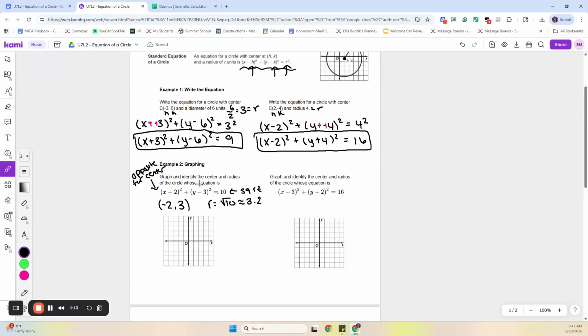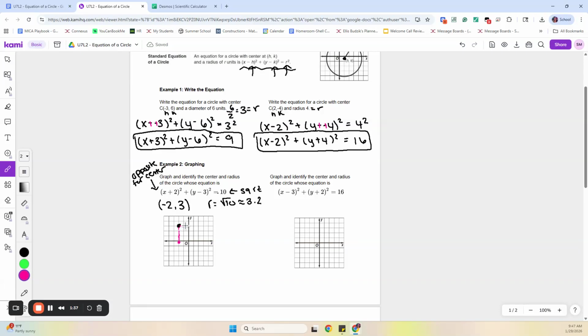So let's go ahead and graph. My center is -2, 3. So go over -2, up 1, 2, 3. And then my radius is 3.2. So that means I'm going to go 3.2 in each direction. So I'm going to go like 1, 2, 3, and just a little bit. So I'm going to make the dot a little bit lower. Same thing going over.